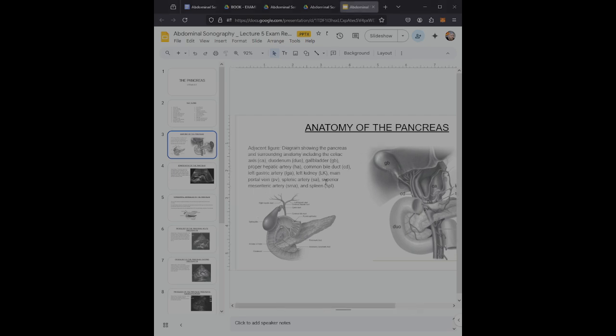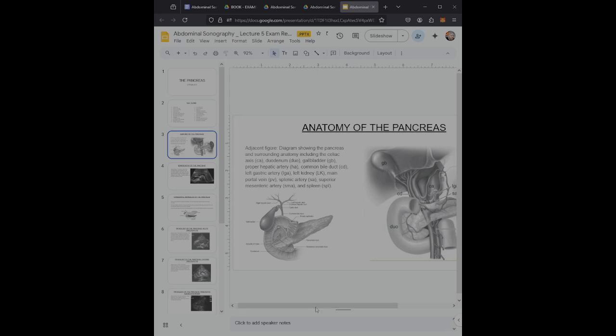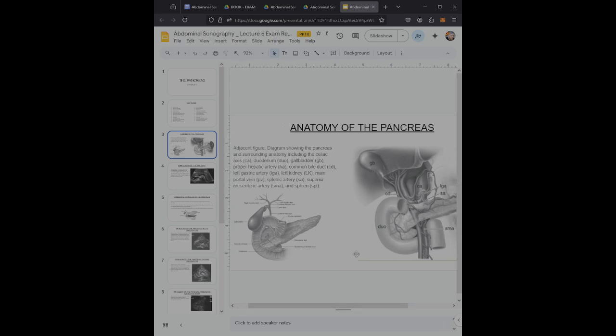So on this image here, we can see the pancreas and surrounding anatomy. We can see the celiac axis over there. We can see the duodenum, and we can see the gallbladder in relation to the pancreas. We can see the proper hepatic artery, the common bile duct, and the left gastric artery.